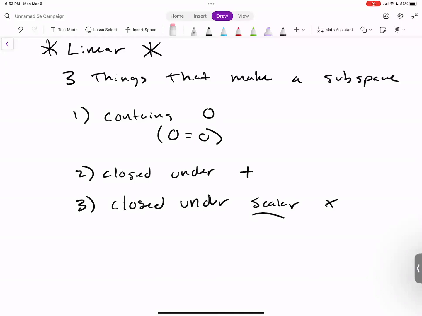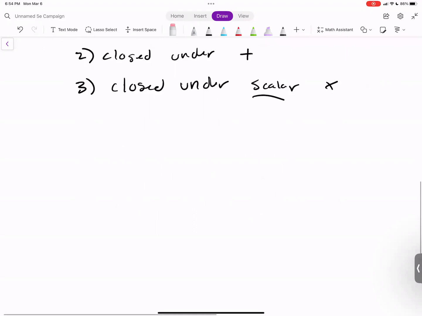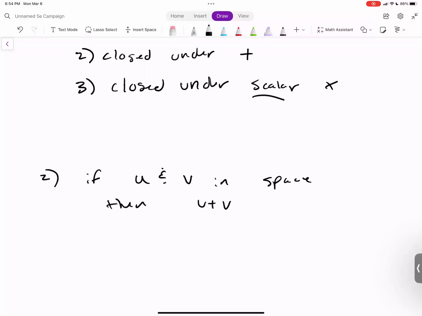Okay, the 0 one, pretty straightforward, kind of easy to tell like that. What closed under addition means, I'll just rewrite it here. What it means is if U and V are in the space, then U plus V must also be in the space.